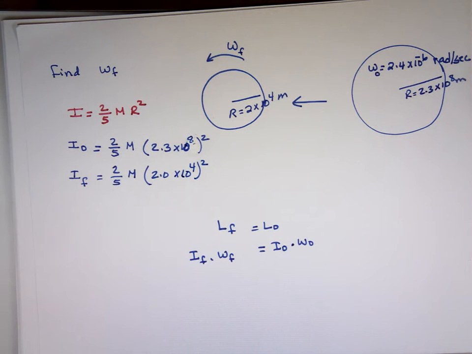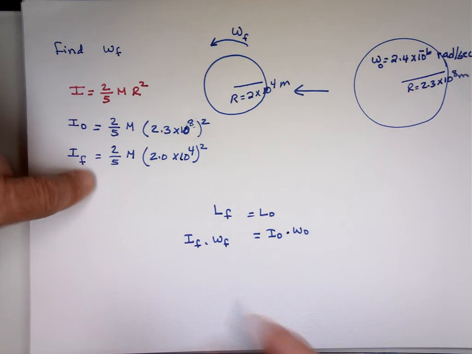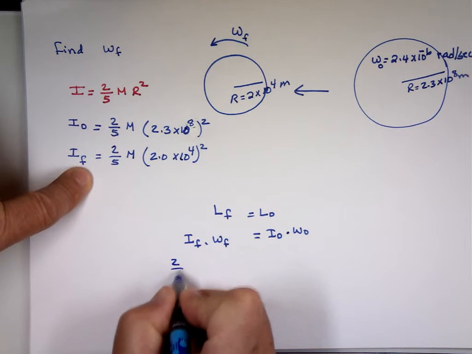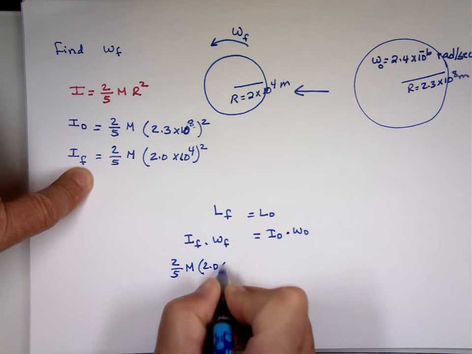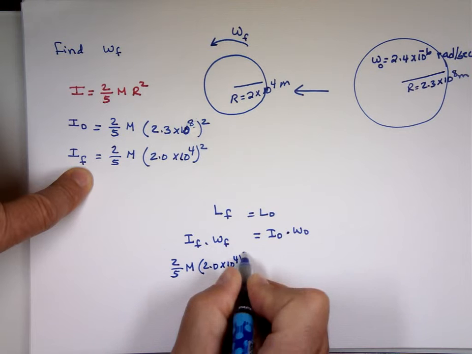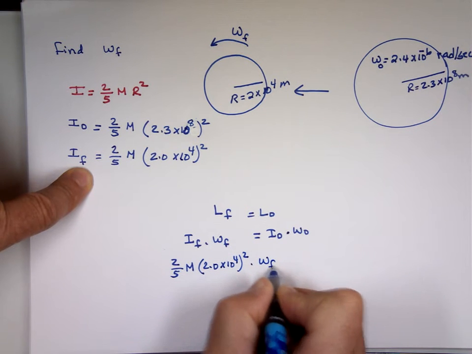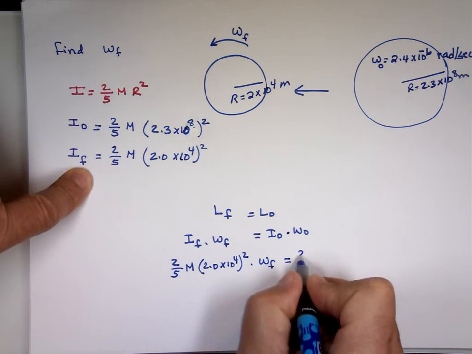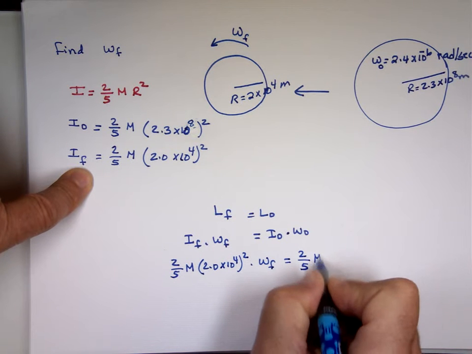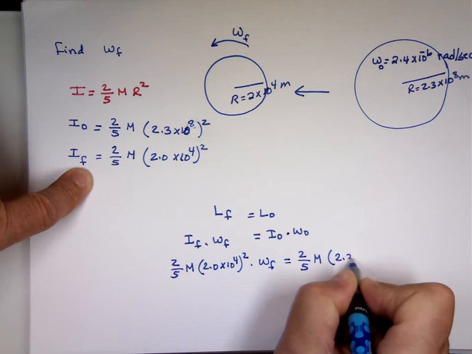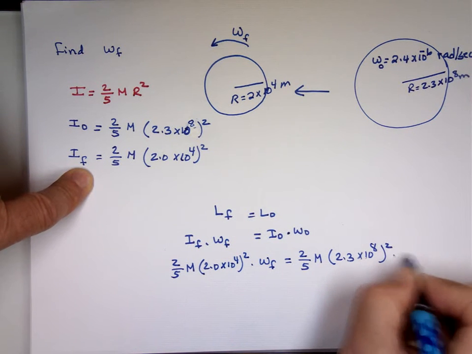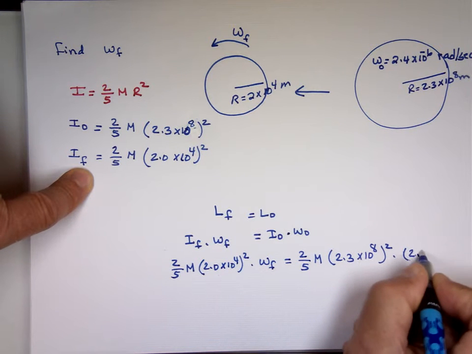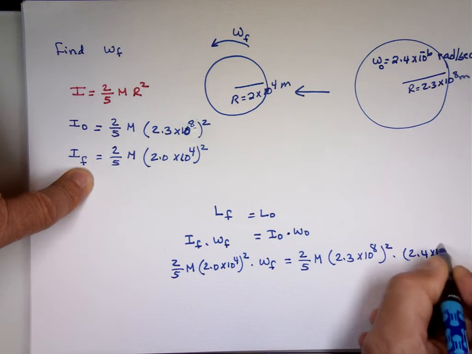Now plug them in. Final inertia, that's 2/5 m times 2.0 times 10 to the 4th squared times W final, equals the initial inertia, which is 2/5 m times 2.3 times 10 to the 8th squared times initial W_O, which is 2.4 times 10 to the power of -6.